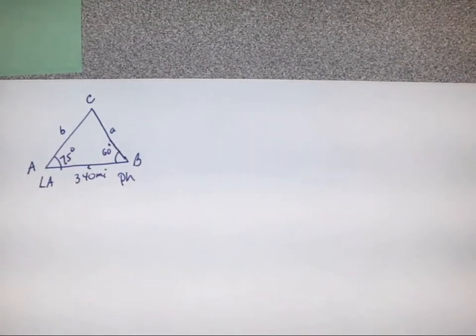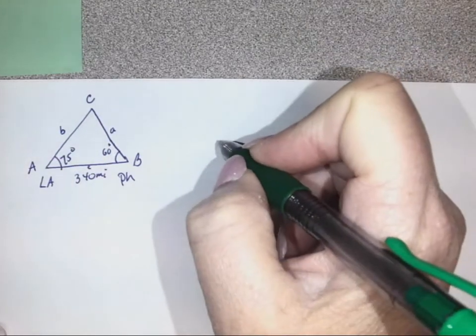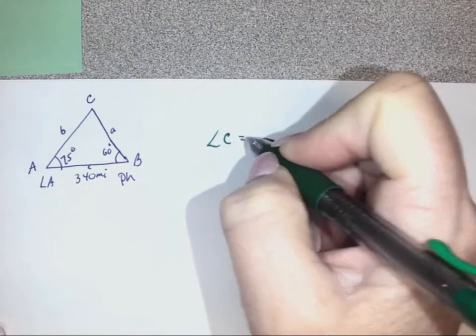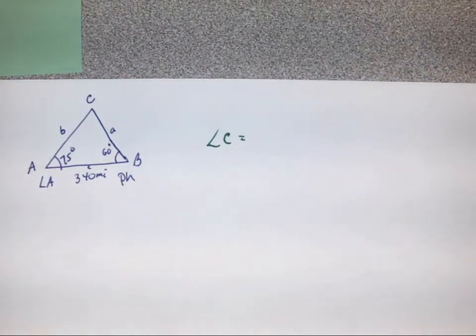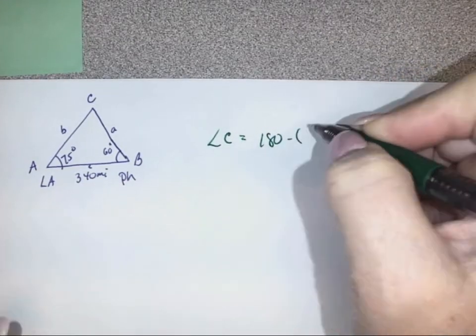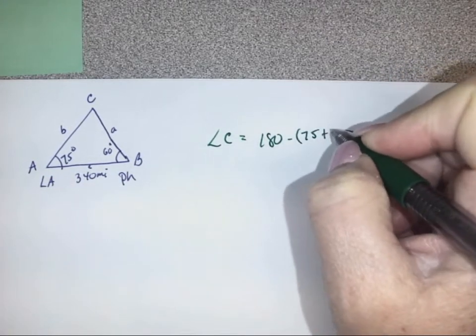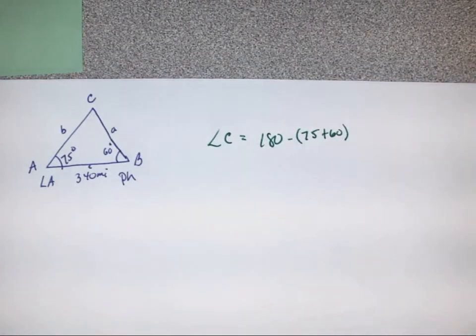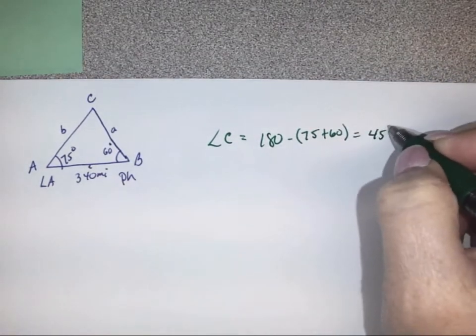Alrighty, so first thing we can find that's easy to find is angle C. We know that the inside angles of all our triangles add up to 180 degrees. So we can take 180 and subtract 75 and 60 and we'll end up with 45 degrees.